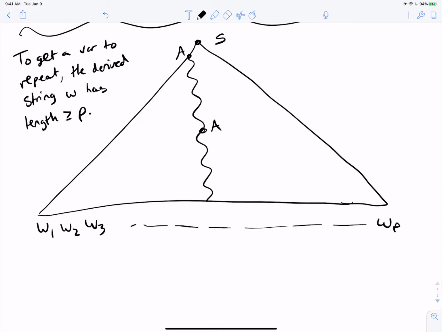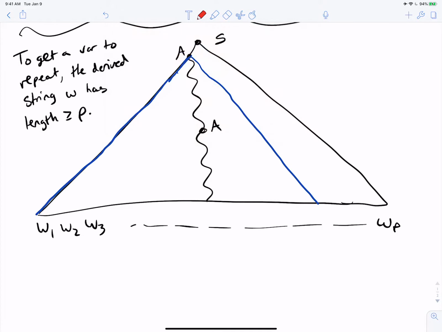So let's look at the parse tree that the first A makes. Well, since it's right below the start variable, it's got to make all of the left side, and it can't make all of the right side, but it must make something. So let's just say it makes something that looks like this.